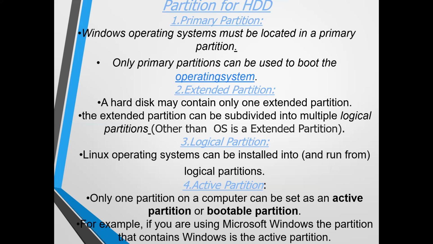Only primary partitions can be used to boot the operating system. You cannot put an operating system on another drive, like the extended drive, the logical drive, no. It must be in the active drive. You look at number 4. The active drive is the same as the primary drive, because an active drive is the bootable drive where you're running that operating system.